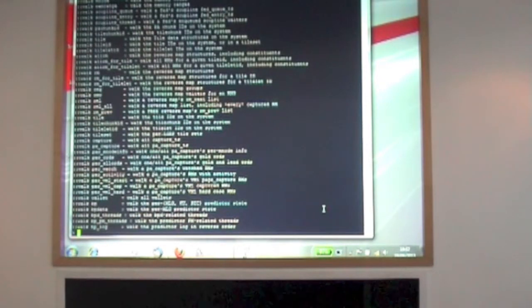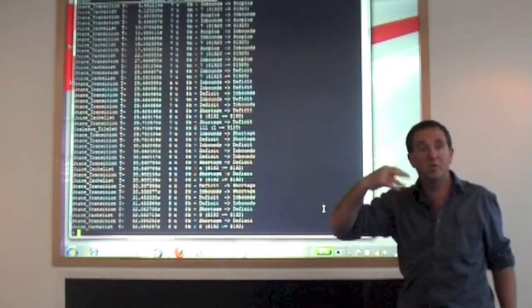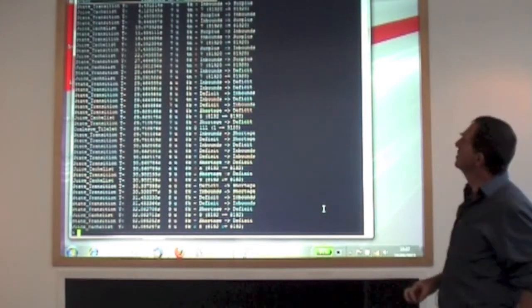Hopefully you won't have any interest in there, but it is there. What I want to show you is that the kernel keeps a log of some of the decisions, the predictions that VM2 makes.